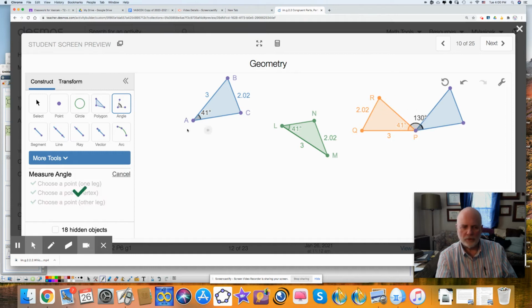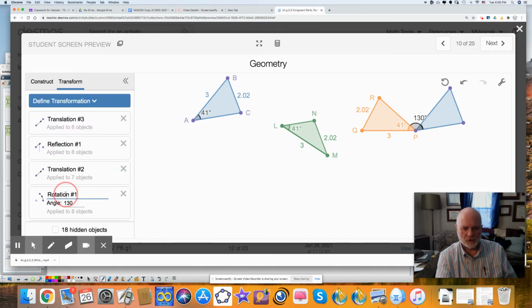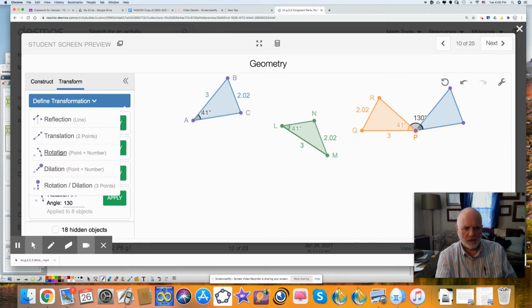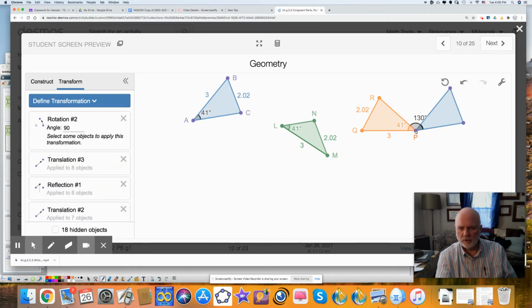Notice it's 130 degrees. When I do a rotation around this point of 130 degrees, I have to define the rotation around this point.